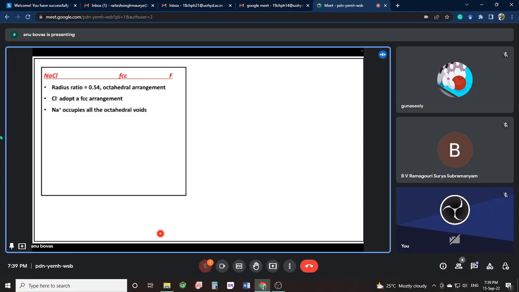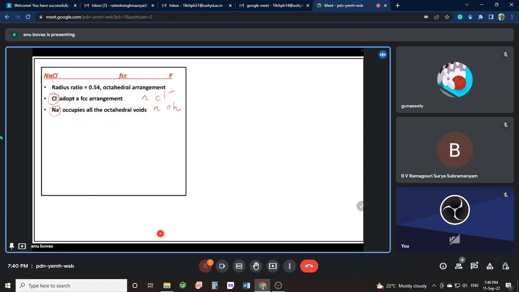So if n number of Cl minus are present, there will be n number of octahedral voids. So the number of Na plus and Cl minus will be the same in a crystal lattice. That's why the formula is Na1Cl1, 1 NaCl.